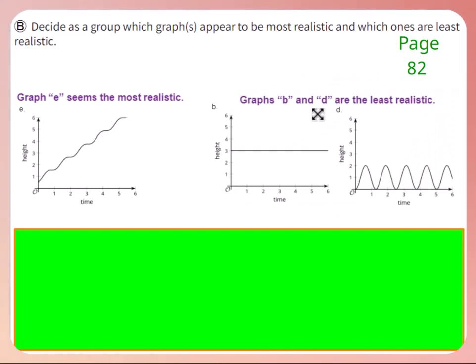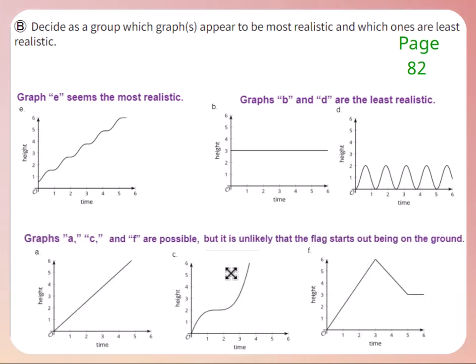Okay, graphs B and D are the least realistic because when we're raising a flag, we don't just stay at 3 feet. Or we don't raise it up and then drop it and then raise it and drop it, raise it and drop it. Okay, graphs A and C and F are possible, but they're unlikely. A, if a machine is doing the pulling, it could have a constant rate.